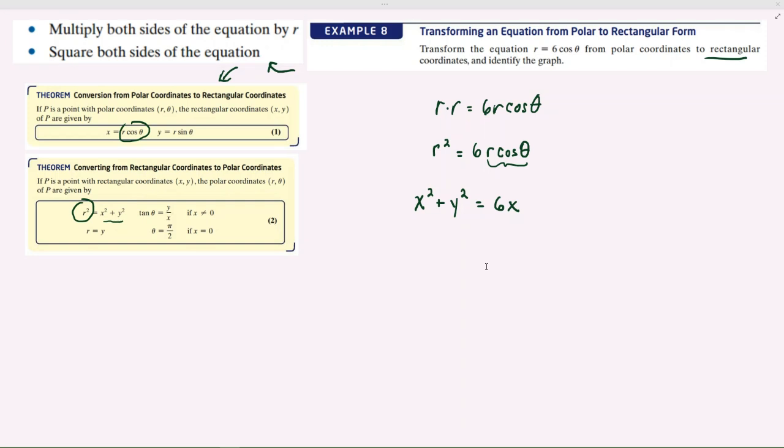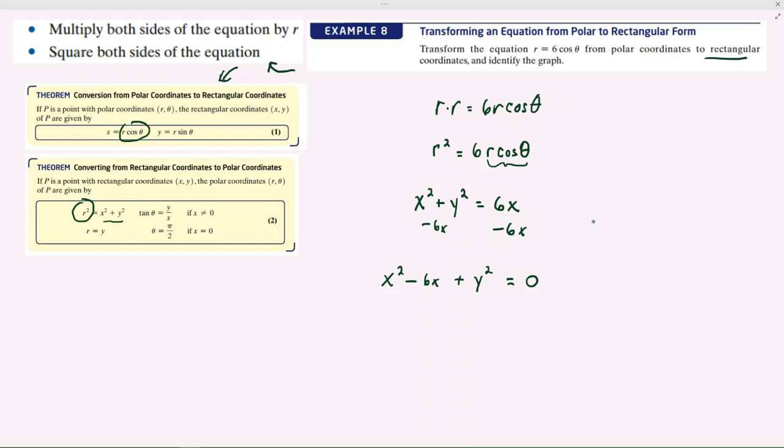Okay, and if we begin to think in terms of rectangular coordinates, what have we got here? So let's subtract the 6x. And we have x squared minus 6x plus y squared equals 0. So we could think of this like a general form of a circle, if you remember what a general form of the circle is.